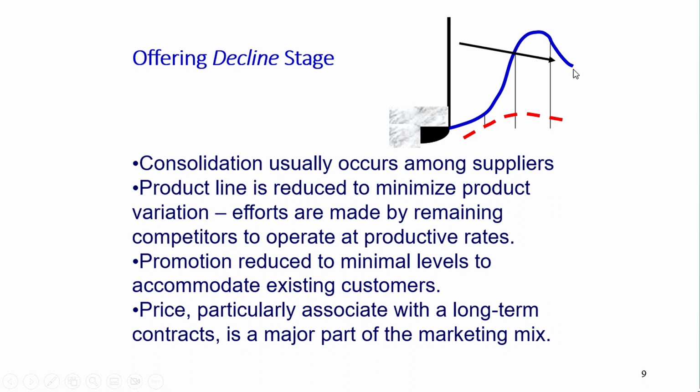Then comes the decline stage, which is kind of inevitable. At this stage, there might have been some shakeout in the market. Some of the competitors might have exited the marketplace, so some consolidation usually occurs among the vendors. The product line might be rationalized at this stage.